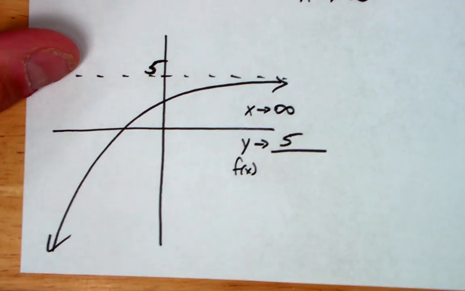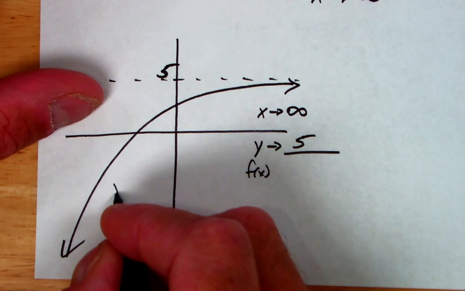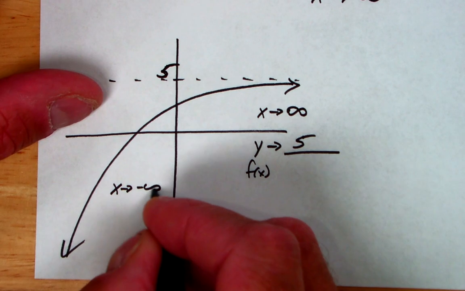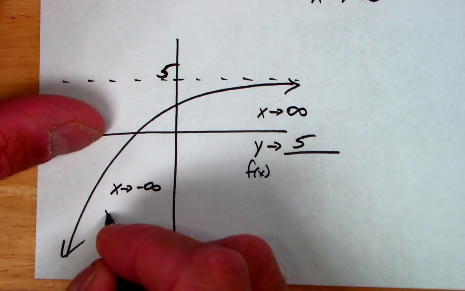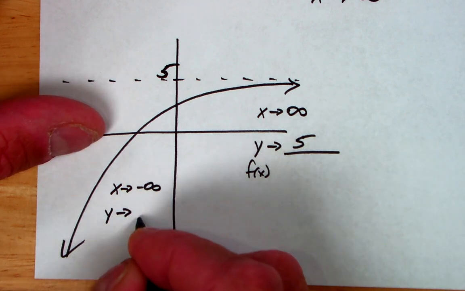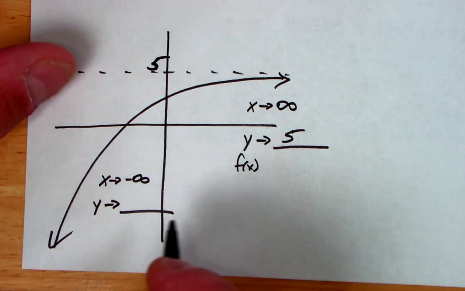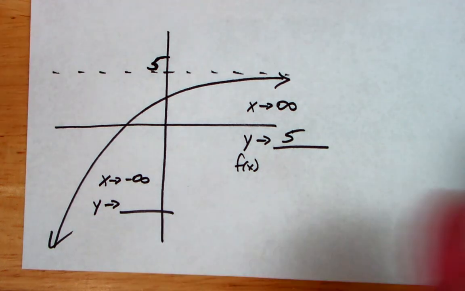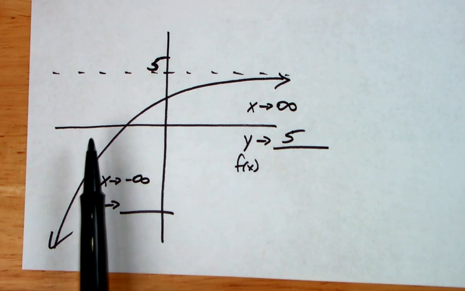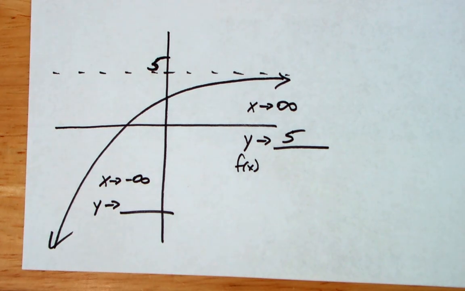Okay? If I go over here, I say as x approaches negative infinity, y... And again, all we're doing is we're just telling a story. As I move to the left, what's happening to my y? It's going down. It's getting smaller and smaller.